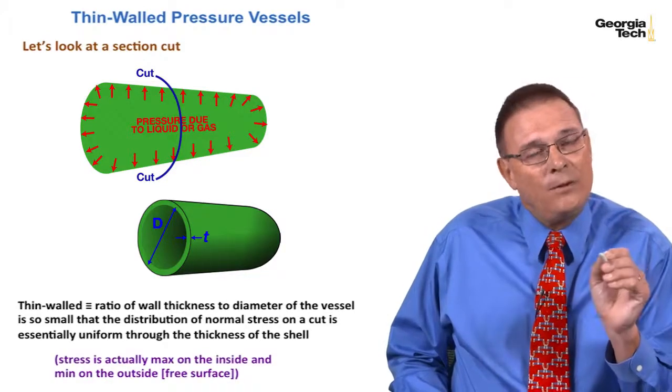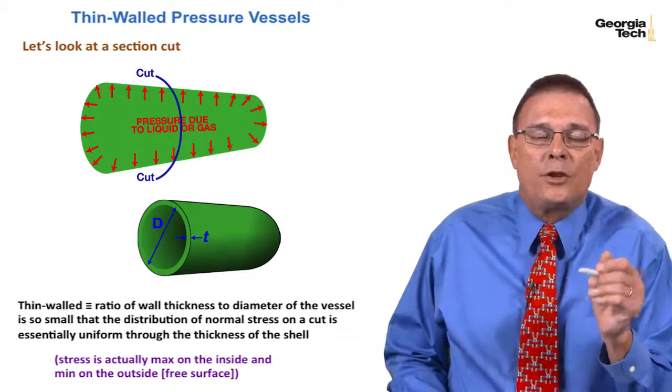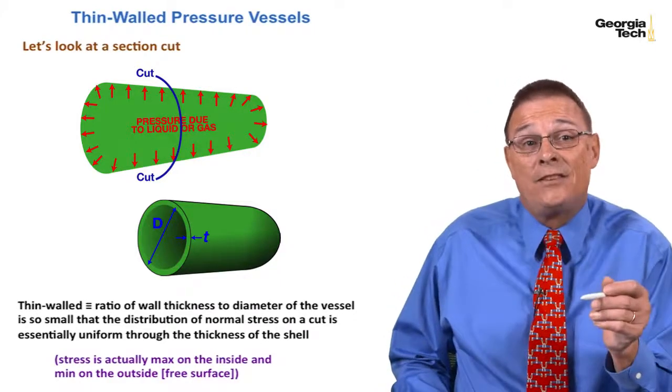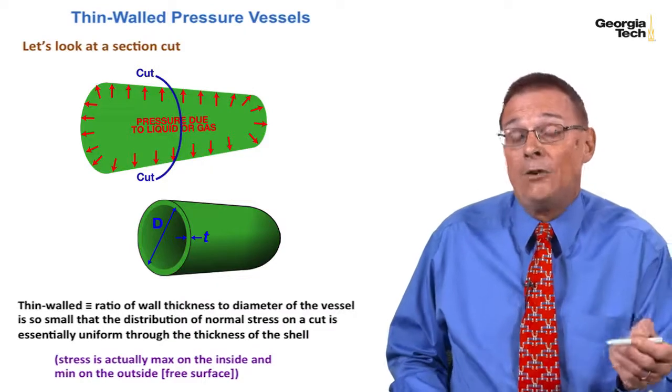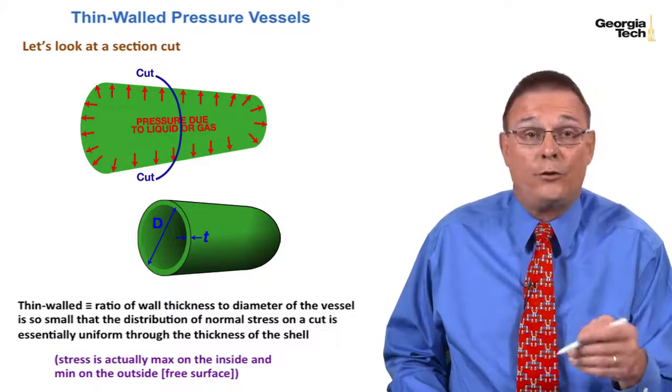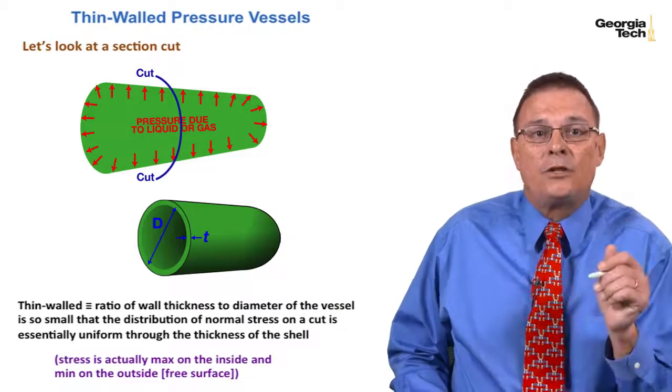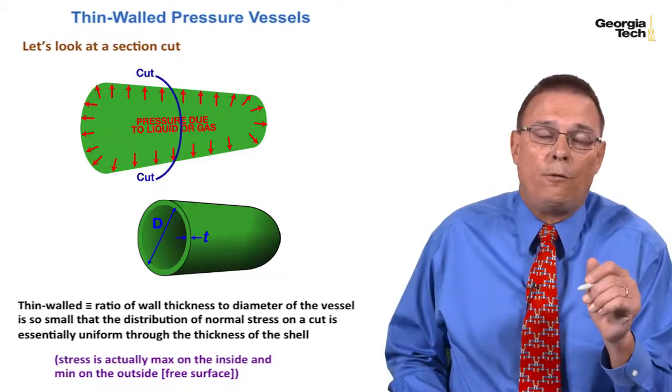That's not precisely true because there's a pressure on the inside, so stress is actually maximum on the inside surface and minimum on the outside surface where we have a free surface or no stress. But we're going to model it such that the distribution is essentially uniform.